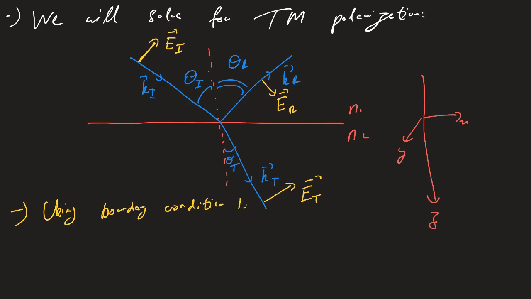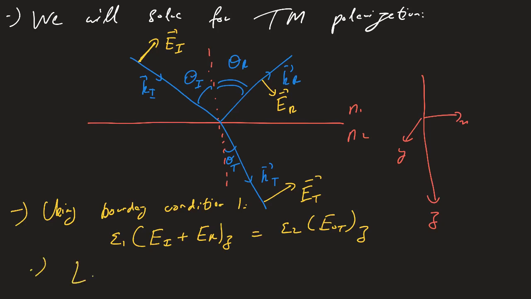Using boundary condition 1, we know that epsilon 1 times (E_I plus E_R) z component is equal to epsilon 2 times E naught transmitted z component. Now the question is, how do we find the z component, right?